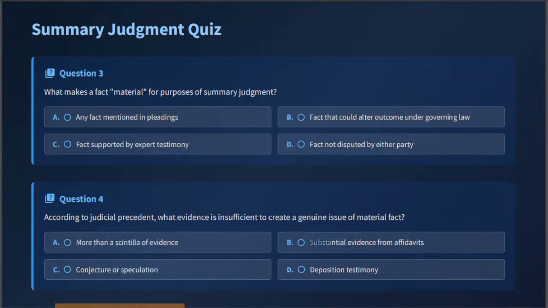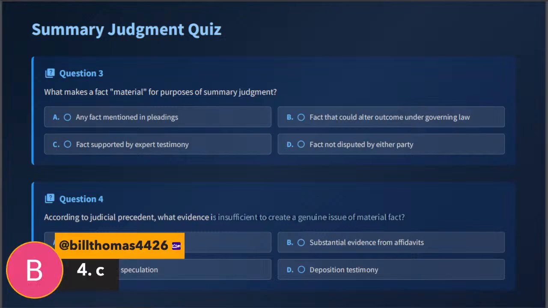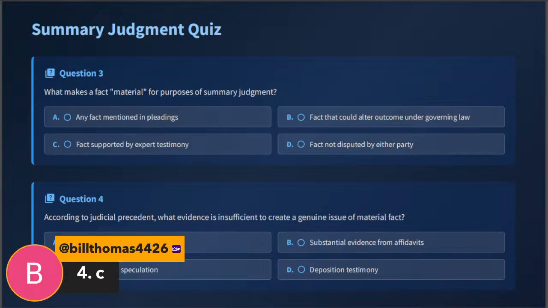B, substantial evidence from affidavits. C, conjecture or speculation. Or D, deposition testimony. Now think about this clearly here. Limit 4426 says 4C. 4C, conjecture or speculation. All right, any other takers?